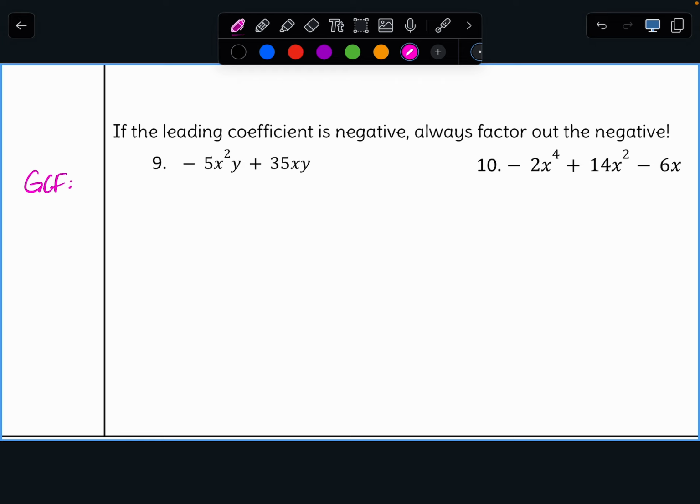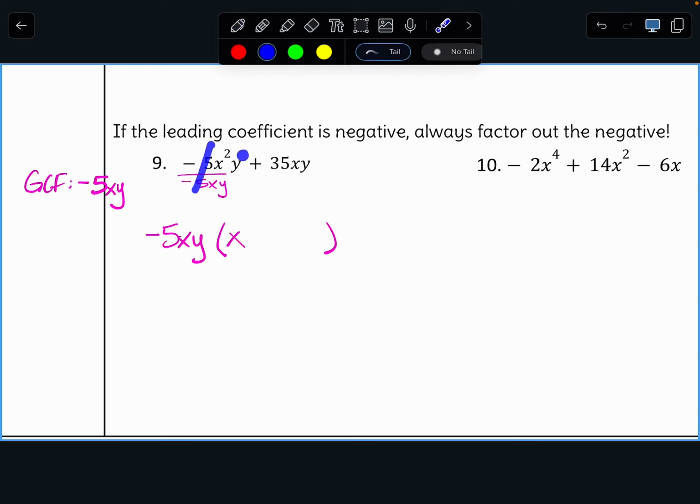But I'm going to say negative 5 because I want to have that with me. And then what's the least x's, the smallest x? X, and the smallest y is y. So I have negative 5xy. So when I divide by negative 5xy, all that's left in the first one is x, right?